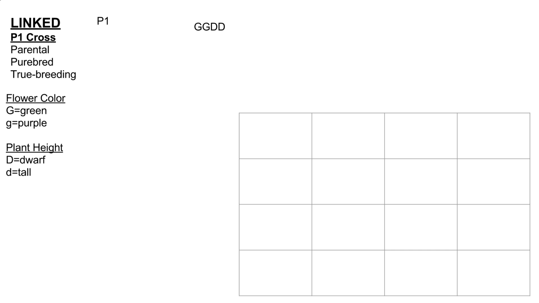We've got this P1. Now, with that linked idea, what can you picture in your head from a chromosome standpoint of what that looks like? It is still diploid, but because it's linked, they are on the same chromosomes, and you don't have 2 sets of autosomes even though you have 2 traits.